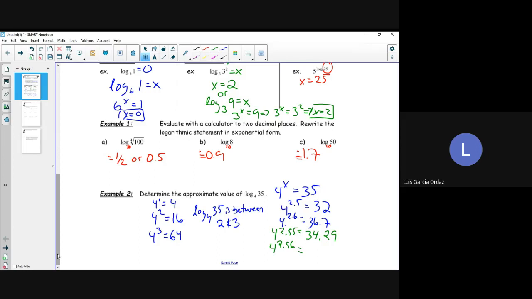And what does 4 to the power of 2.56 give us? Which means it is safe to say that if we do 4 to the power of 2.565, that's going to give us approximately 35.